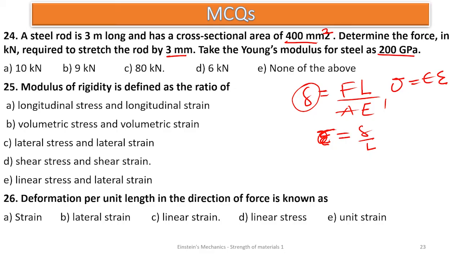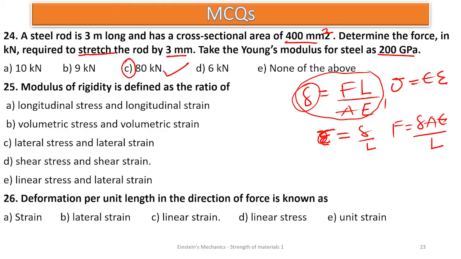So here even the stretch, which is the elongation, is given. So from this first formula we can make the force the subject, that our F is going to be the elongation, area, E on what? L. And when you put it in, we are going to get 80 kilonewton for that.